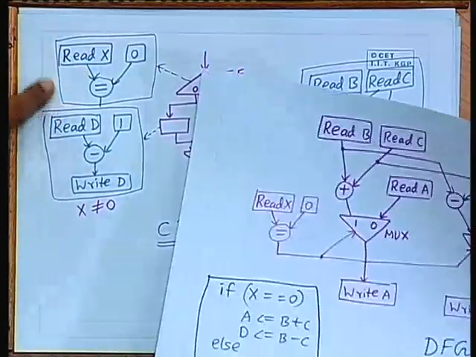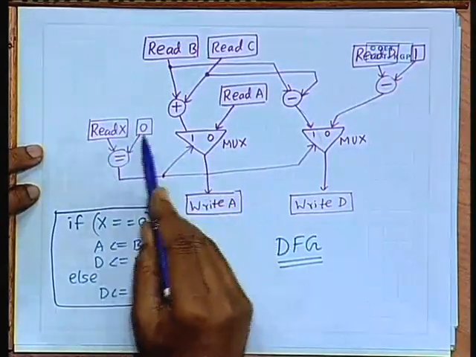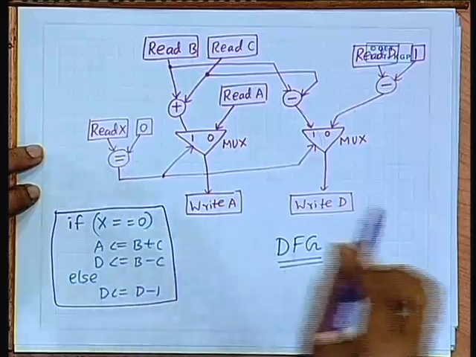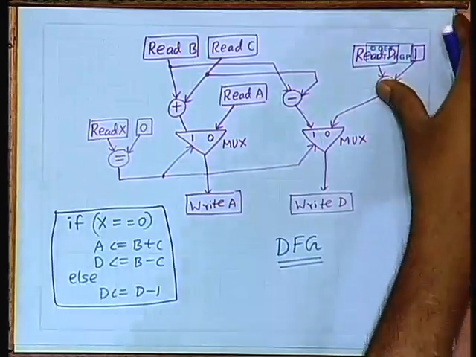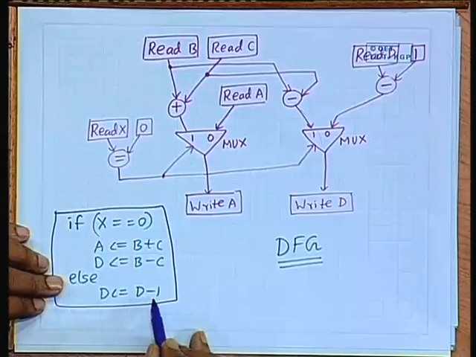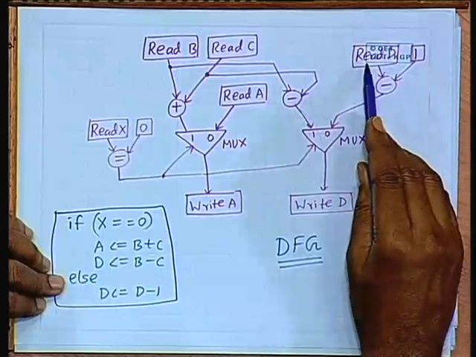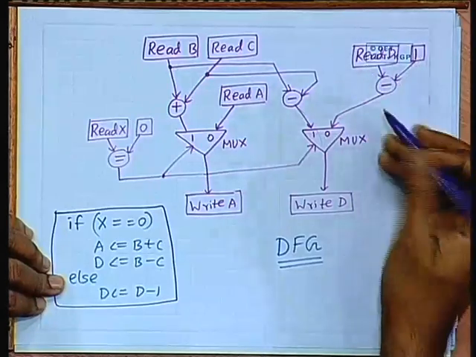Now, in the earlier one, you see this was the comparison. This is there, read x 0, compare with this, and the else part, there was a d equal to d minus 1, this has been computed here, read d, subtract 1 from it.